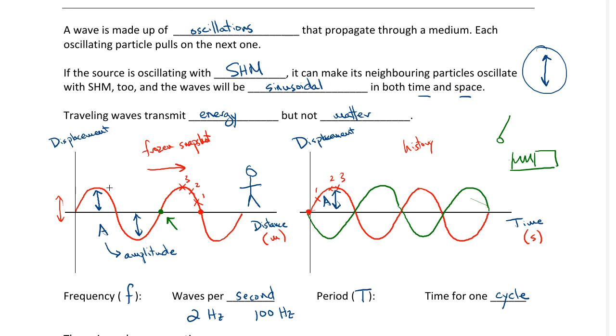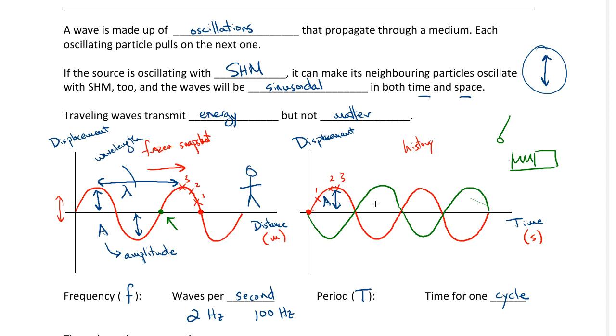On the displacement distance graph, if we take 2 of the same points from a wave, so here crest to crest, although we could go trough to trough, then if we go from one to the next, that's the wavelength, and the wavelength we give the symbol lambda to. So lambda is wavelength, and it's how long one single wave is, and it would be measured in meters.